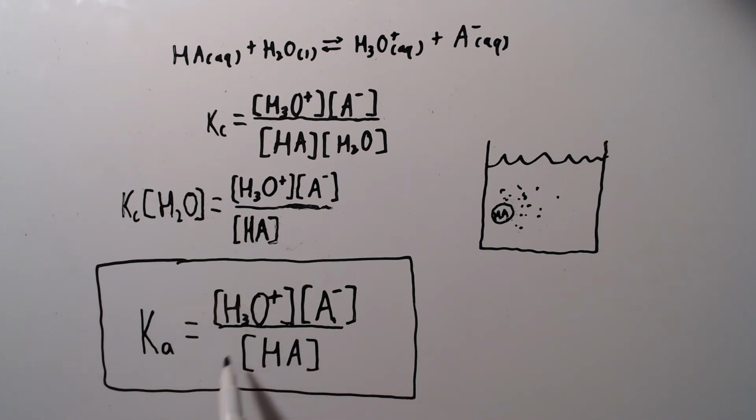So this value on the bottom is higher, and these values on the top are lower, because there's so little of these products actually produced. And because of that, the Ka is also lower. And if the Ka is lower, it signifies a weaker acid. So in effect, what we get from this is that the larger the Ka, the stronger the acid. It's better at dissociating. The smaller the Ka, the weaker the acid. It's worse at dissociating.